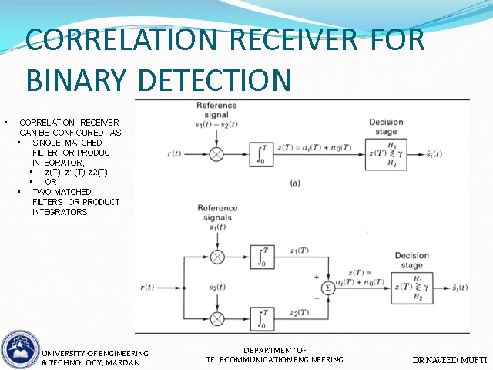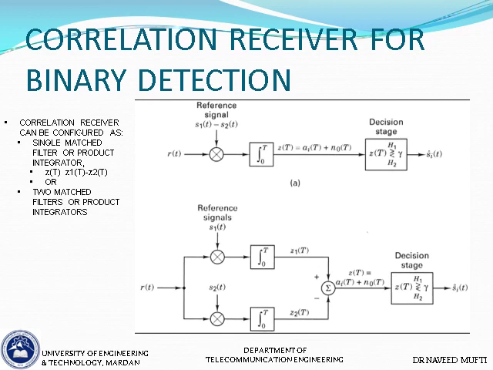So we will have two values to compare, z1(t) and z2(t). We will compare them, and then the decision stage will decide in favor of one of them. So for binary, we can have a receiver design that involves having two correlators. This is one and this is the other.